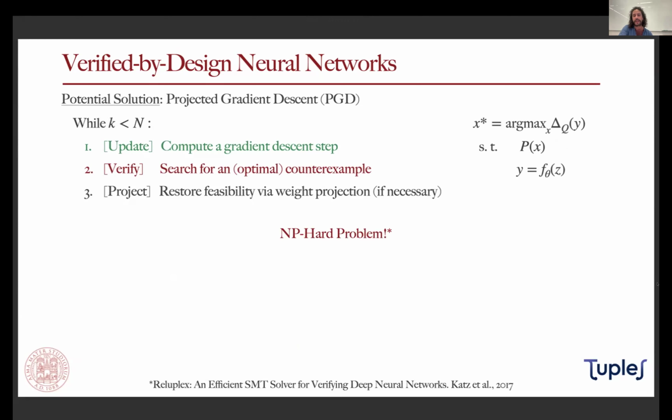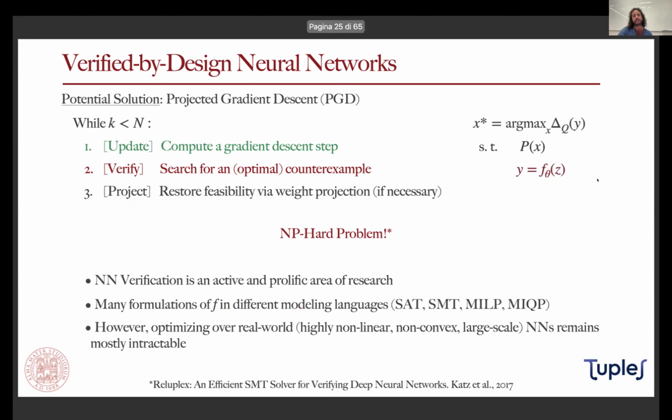This was proved by Katz in 2017, in a very important paper for the verification community. The intuition is that if you want to solve this optimization problem, you should formulate your network F by adopting some modeling technologies, such as mixed integer programming or similar. And then you need to optimize over this network.